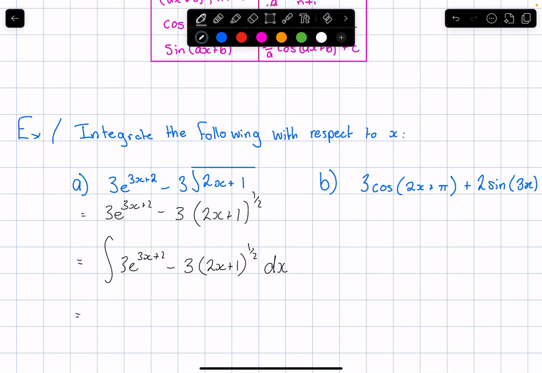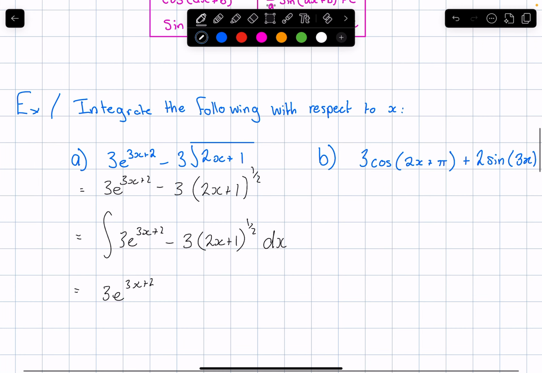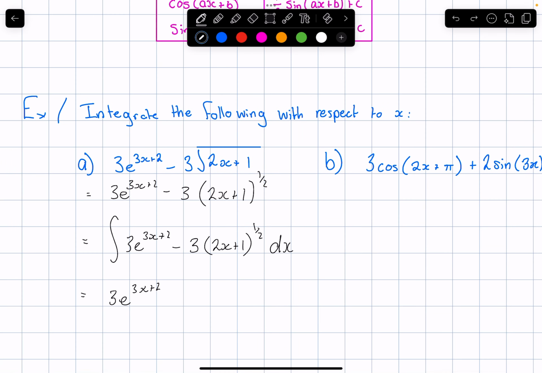So the first part, 3 times e to the 3x plus 2, stays exactly the same to start with. Then I divide by the a value, which in this case is 3 because it's the number in front of x. So divide by 3. Here, we write the same thing again.